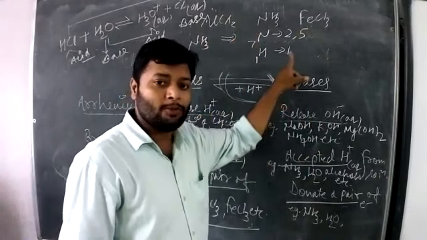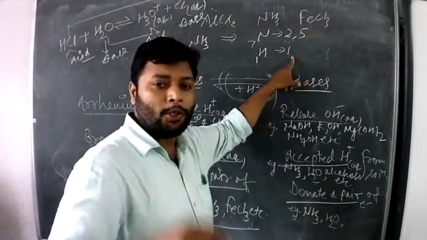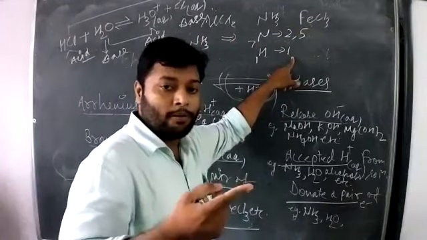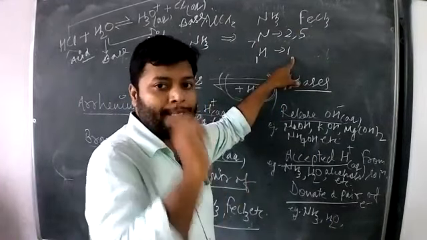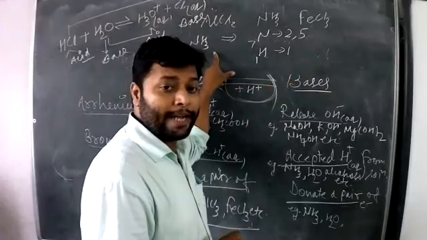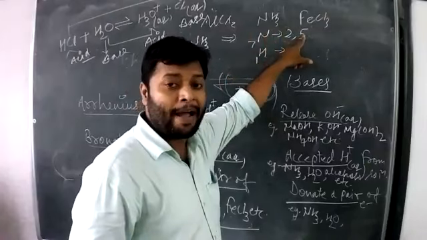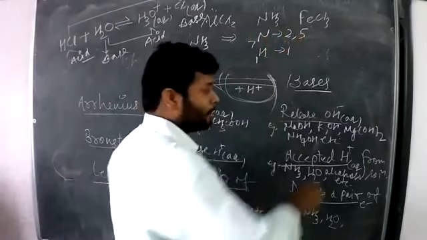But hydrogen has only 1 electron according to the configuration, so each hydrogen can utilize 1 electron. The 3 hydrogens can utilize 3 electrons only. But nitrogen has 5 electrons in the outermost shell.